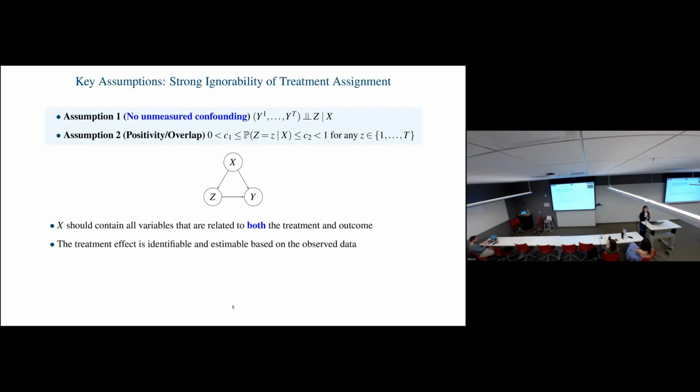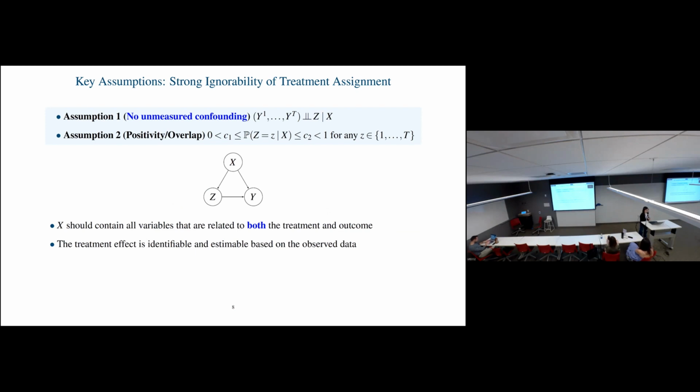So the fundamental problem in causal inference is that not all the potential outcomes are observable. Therefore, we require further assumptions to identify or estimate the causal effect. And a typical assumption in the causal literature is the strong ignorability of treatment assignment. So it consists of two parts. One is the no unmeasured confounding assumption.